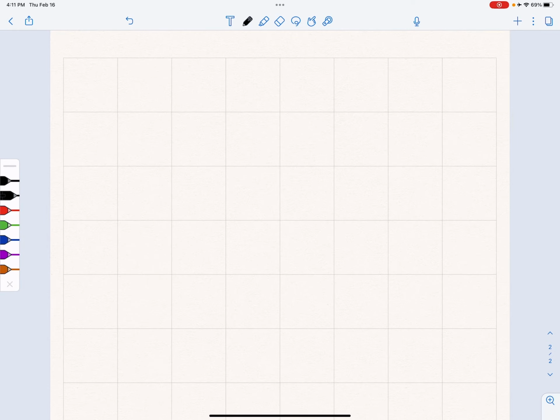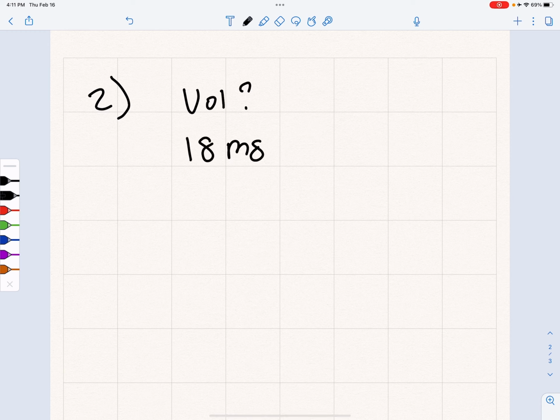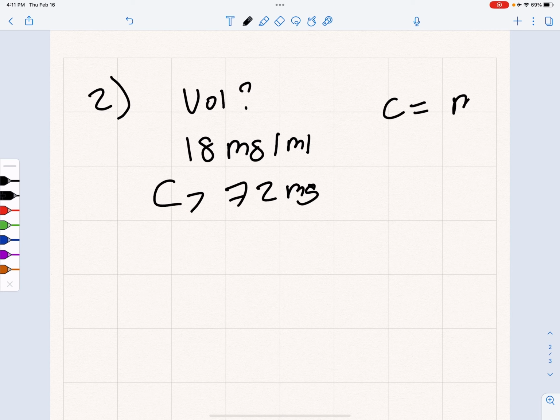Okay, let's do another example. So what volume, if we don't know the volume, but we know the concentration is 18 milligrams per milliliter of something, and we want there to be a final mass of 72 milligrams, how would we solve for this? So again, we do our C, concentration, mass over volume.